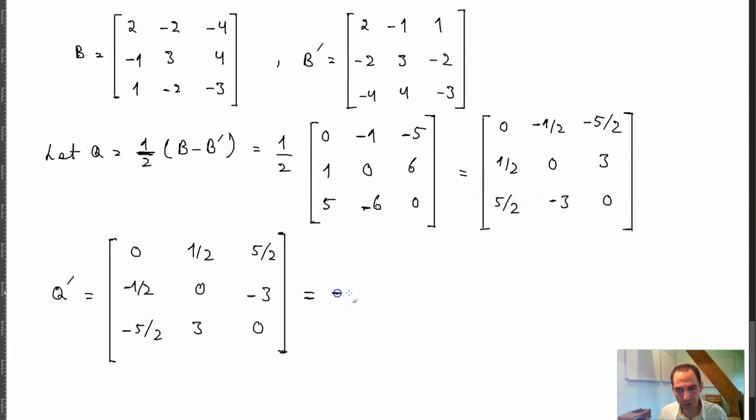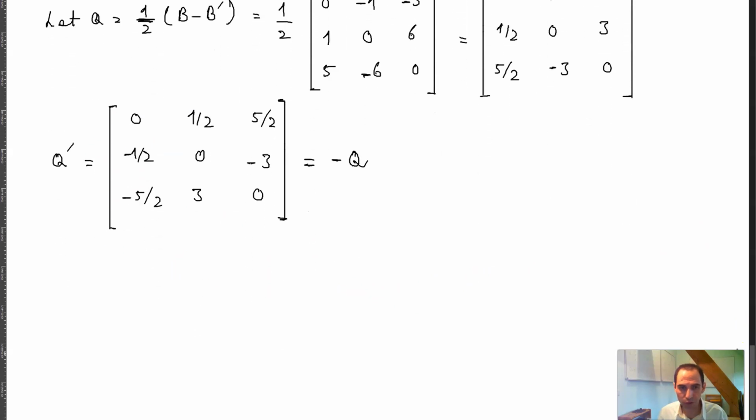So this is equal to -Q, which means that Q is a skew symmetric matrix. Right? So that is that.